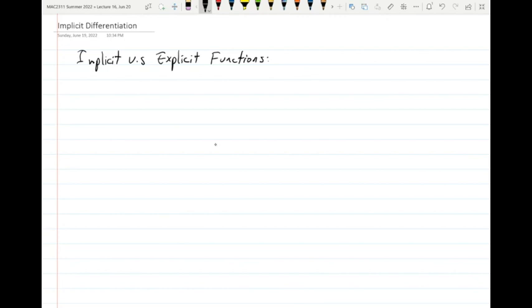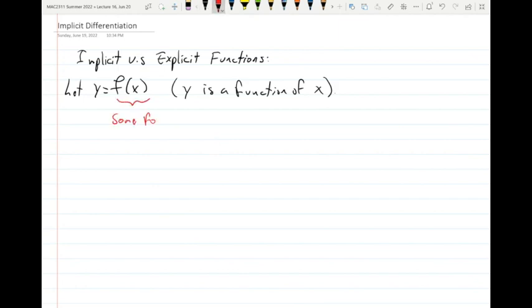Okay, so let y equal f of x. Here, remember that y is a function of x. In this case, f of x is some formula involving only x, because it's the variable.